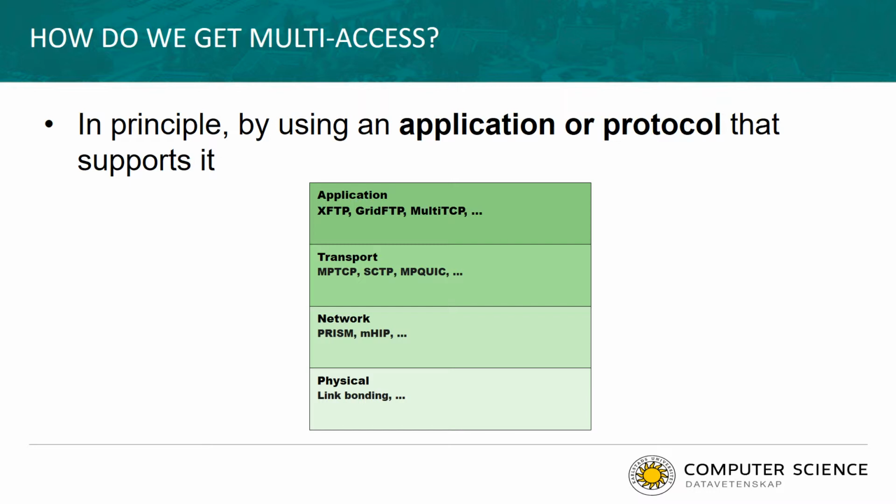And MHIP then adds multipath support for also aggregating and using multiple connections simultaneously. Another approach is proxy-based approaches, such as PRISM, where you may, for instance, have an IP in IP encapsulation between 2 points in the network. You may also use multi-access at the link layer, at the physical layer, for instance, through link bonding.